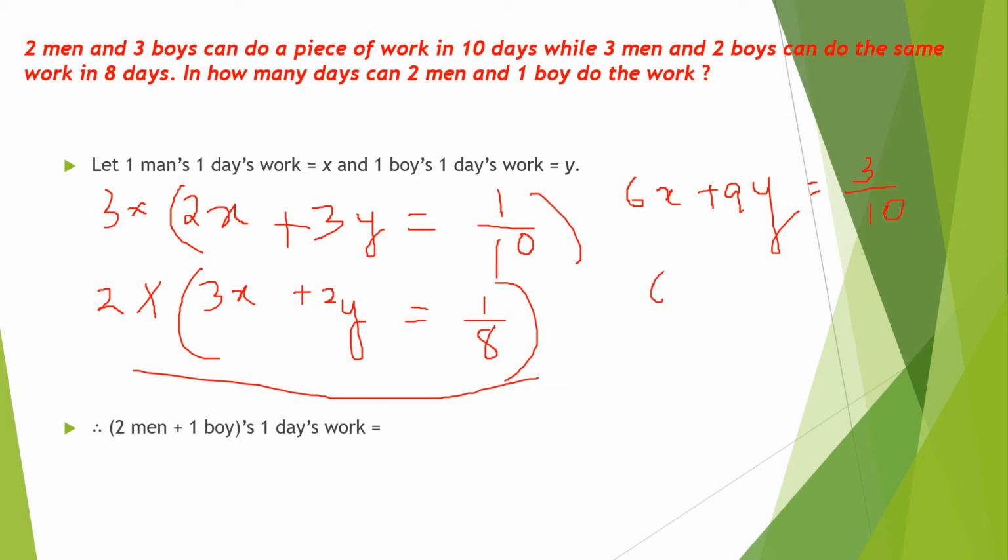And here you have 6x plus 4y, which is equal to 2 by 8, which is actually 1 by 4.